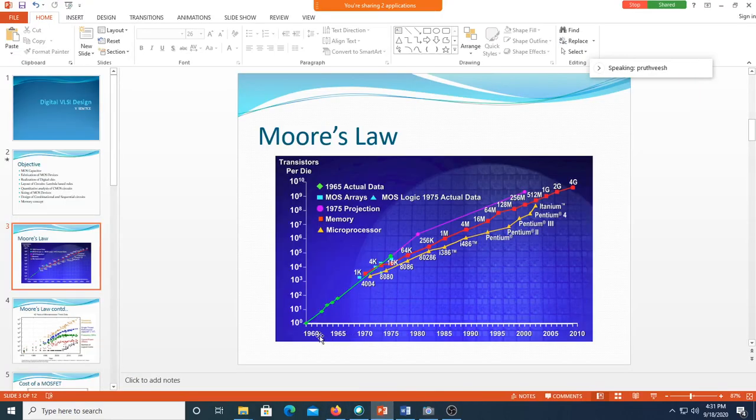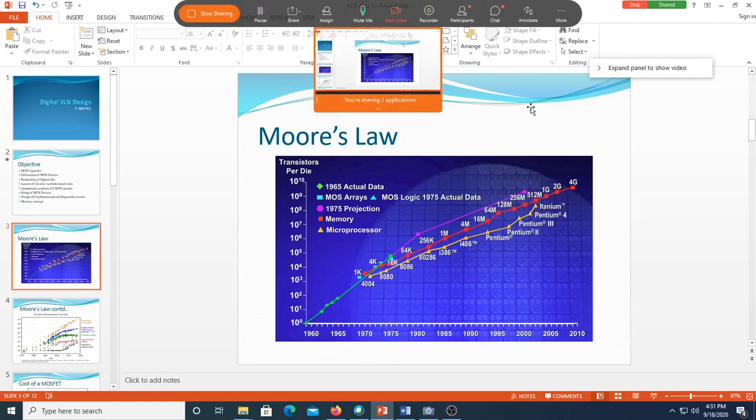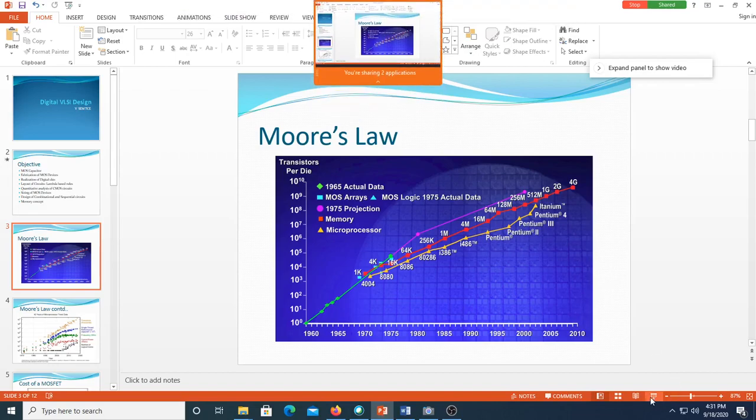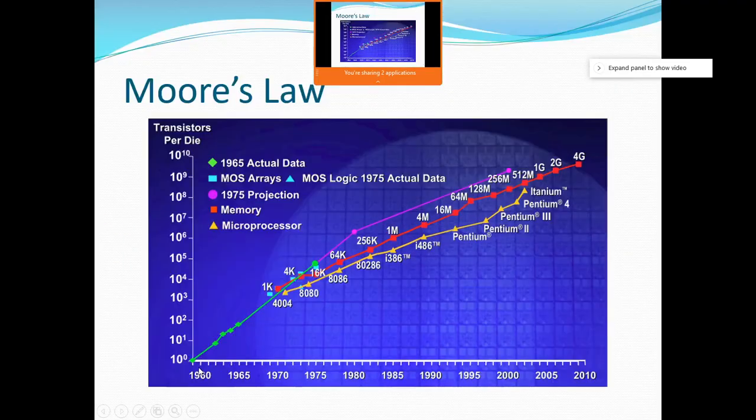So that's what. Can you see here? This graph shows, I think this is visible now. Fine. What this graph shows, just have a look at the starting year 1960, because even though the transistor was found in 1949, the first IC started in 1960.